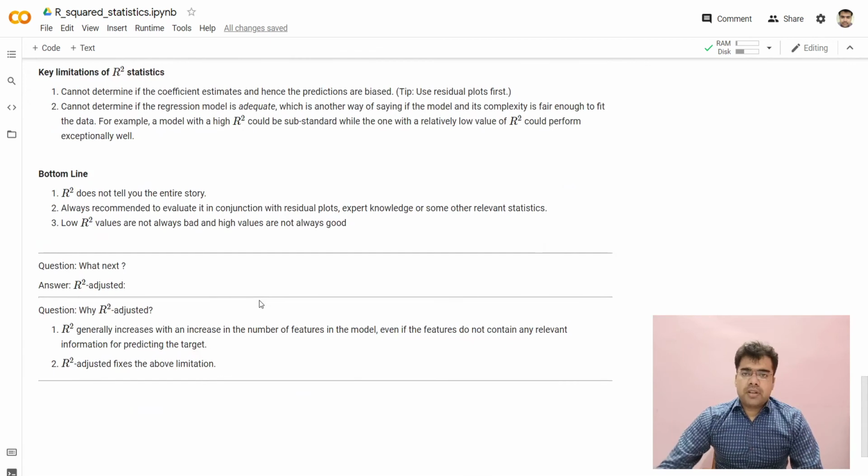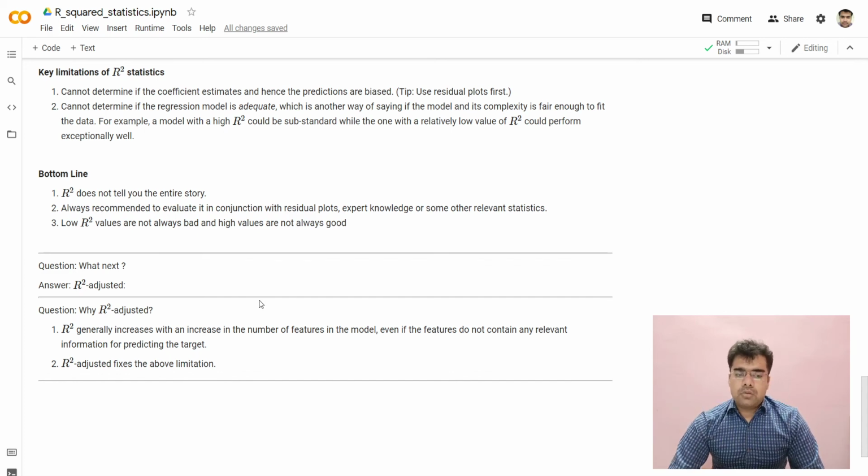Now, with this particular discussion, there are some points which are going to act as a bottom line. The first bottom line is that while R square is more robust compared to mean absolute error or root mean squared error metrics, it does not tell you the entire story. As we have discussed earlier, it is not giving you an estimate of how complex the model is. Similarly, it is not able to tell you if there is a bias in the model or not.